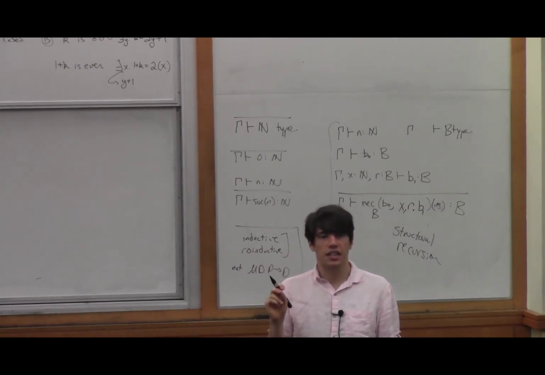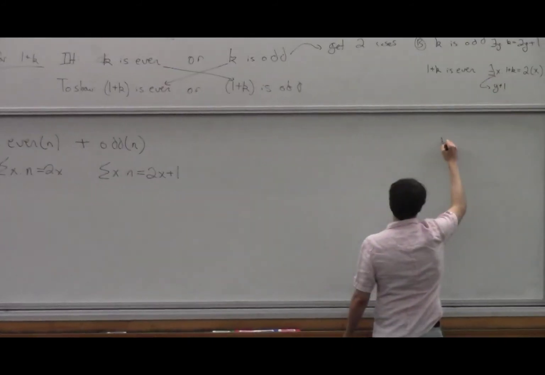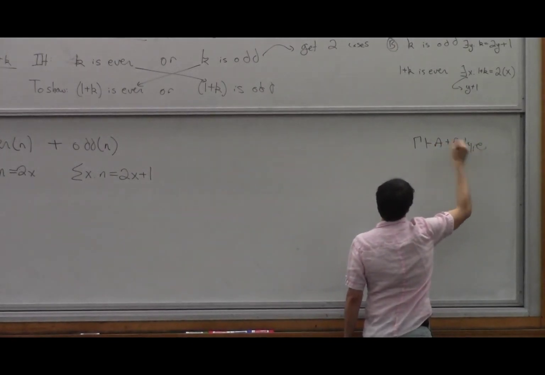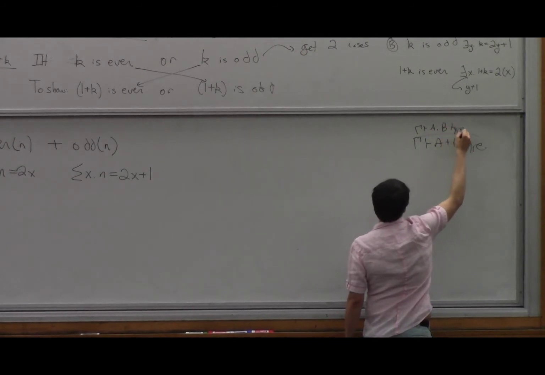So, yes, so coproducts, right? So like the thing I sort of said out loud but didn't write is A plus B is a type, assuming A and B are each types.